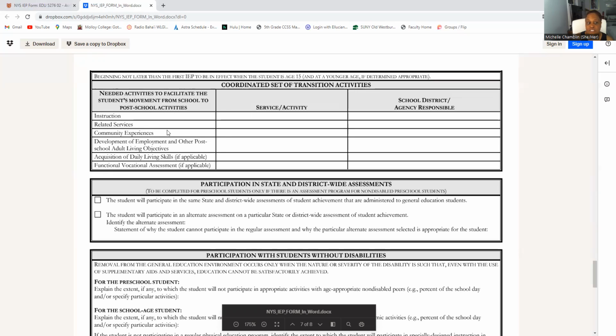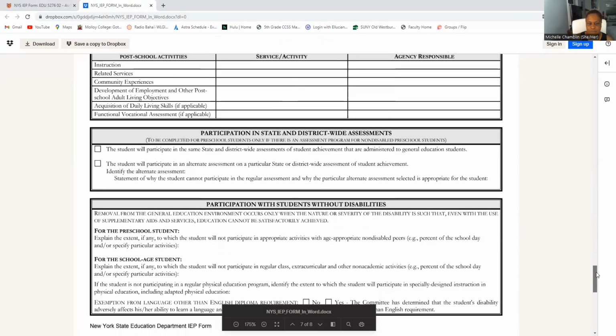What type of related services do they need? A community experience, the development of education and other post-school adult living objectives. So that information would be here if they need acquisition of daily living skills, if we need to teach them daily living skills, that information would be here, and then we would have the school district or agency that is responsible for facilitating these activities.